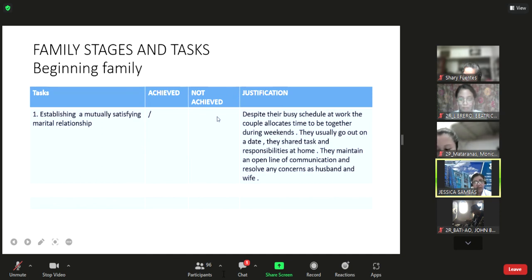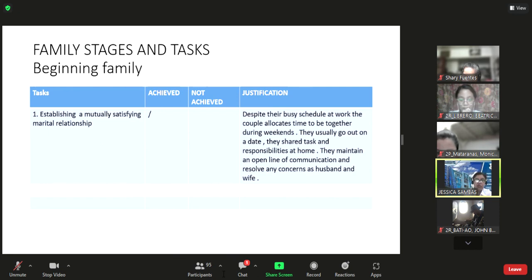If not achieved, it means the family did not achieve it. So those are our two options. If achieved, we just check achieved. If not achieved, we check not achieved. But then you have to make a justification. For example, for beginning family, the first task is establishing a mutually satisfying marital relationship.